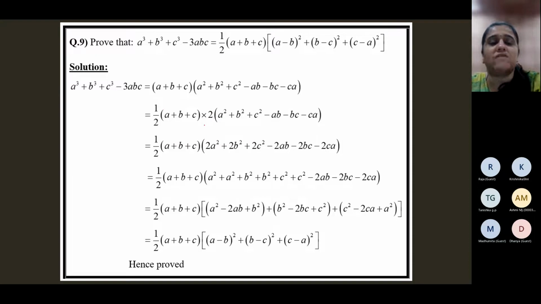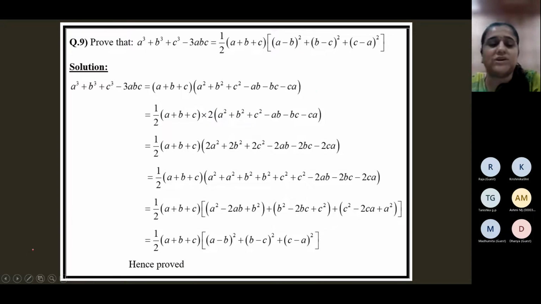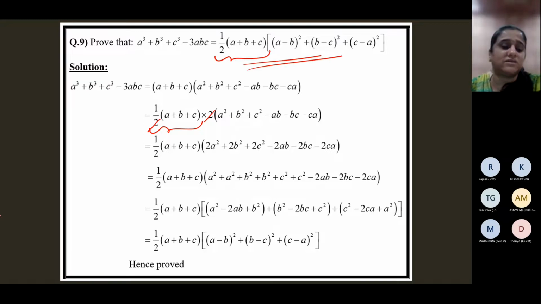We multiply by half and 2 in order to get this result. So after doing that, you cannot cancel again, or you'll go back to this step. You need to retain half. You can see the result here. If you cancel, that half will go away, and then you will not get the desired result.